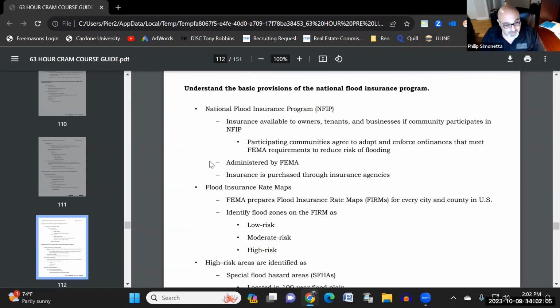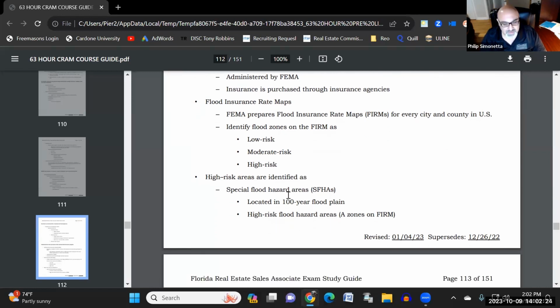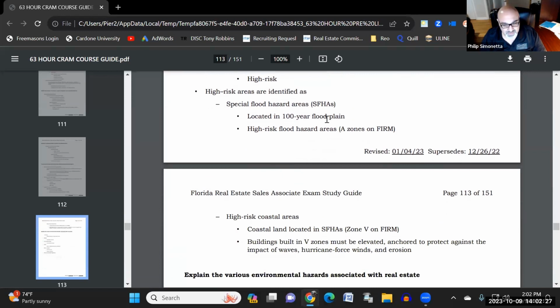Flood insurance rate maps. Remember, you can look them up online. FEMA prepares flood insurance rate maps, called FIRMs, for every city and county in the United States. They identify flood zones on the FIRM as low risk, moderate risk, and high risk. High risk areas are identified as special flood hazard areas. They're located in 100-year floodplains.